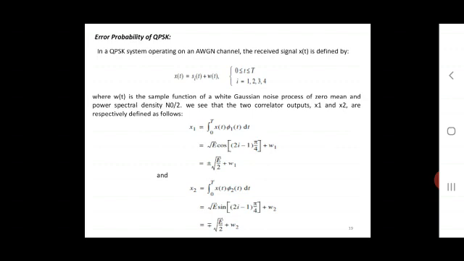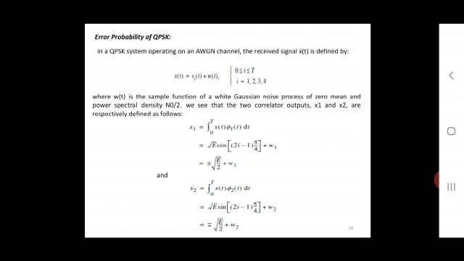We see that the two correlator outputs x1 and x2 are respectively defined as follows. The correlator output x1 is equal to the integration from 0 to T of x(t) phi1(t) dt. If you simplify this equation, we get plus or minus square root of E by 2 plus w1, and x2 is equal to again the integration of x(t) phi2(t) dt.